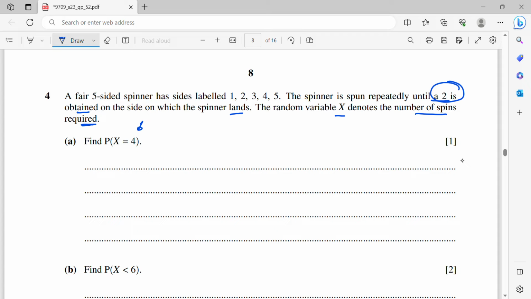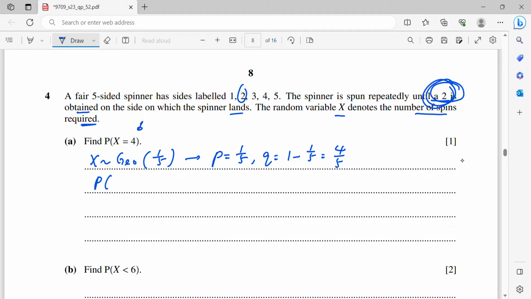Of course, this is geometric distribution. So x is geometric. The probability of getting 2, alright, is 1 out of 5. So means that probability of success is 1 over 5. Probability of failure will be 1 minus 1 over 5, which is 4 over 5.